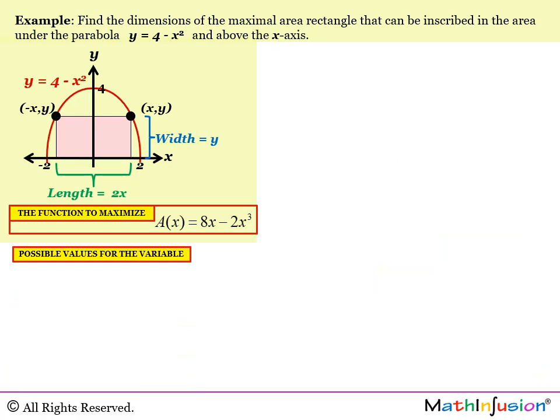What are the possible values for the variable x? Because x is in the first quadrant, it cannot be negative. But also, x is an x-coordinate on this parabola, and when you look at the picture, you can see that x cannot exceed the value of 2. So x is greater than or equal to 0 and less than or equal to 2.